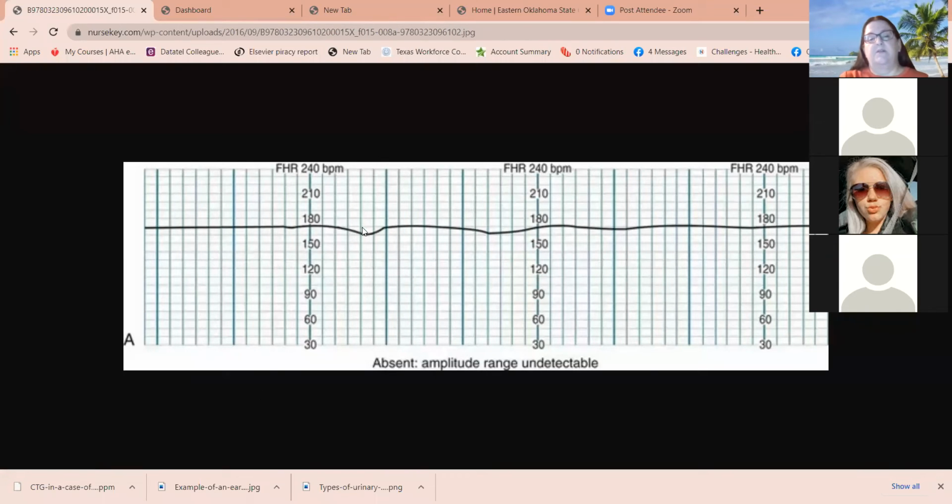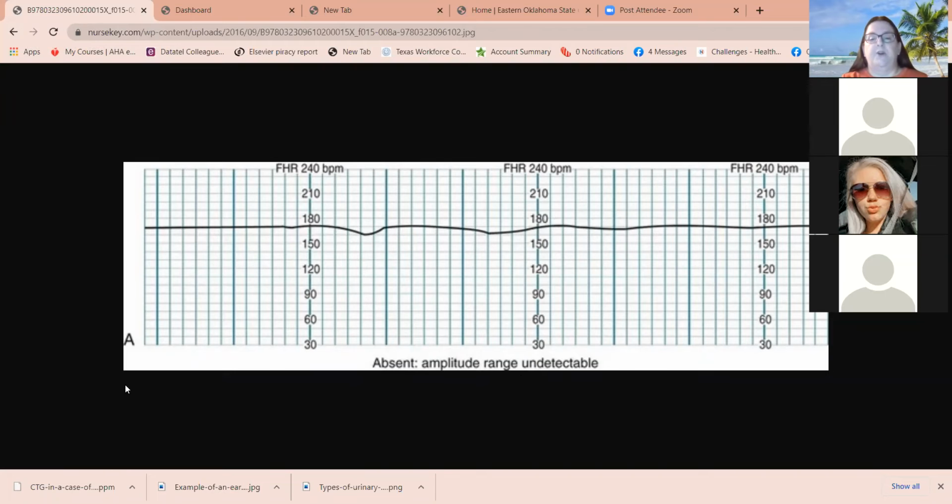These decels are happening in relation to the contraction, most likely. And it would really surprise me if they're not late. Okay. We can't determine that because we don't have contractions. But if we have absent variability and late decels, what's the category?